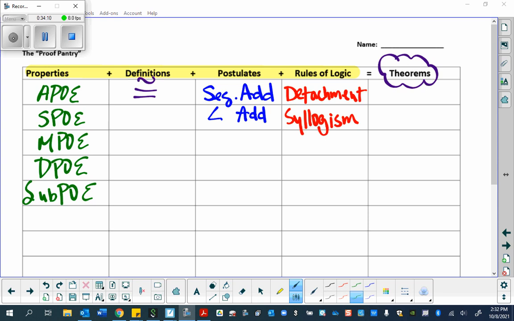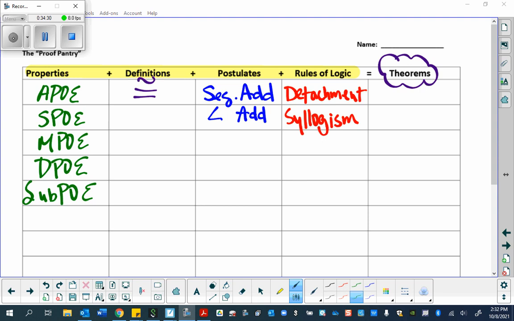Now here's the thing. You're going to keep adding to it all year. Because each time we learn something new, it's like we're stocking the pantry with more different cool things for you to be able to use in your proofs. So whatever abbreviations you use, make sure you understand.